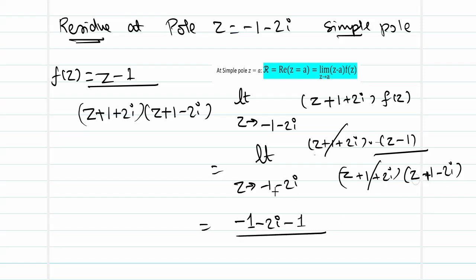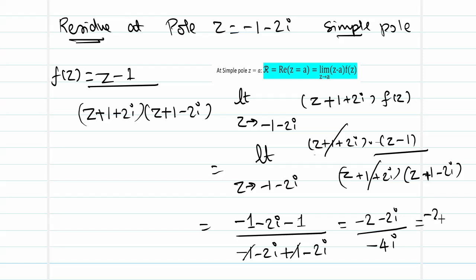In the denominator z takes the value minus 1 minus 2i, and the left out quantity is plus 1 minus 2i. Now we will try to simplify this. Minus 1 makes it minus 2 minus 2i, divided by minus 1 and plus 1 cancels off, so that makes it minus 4i.